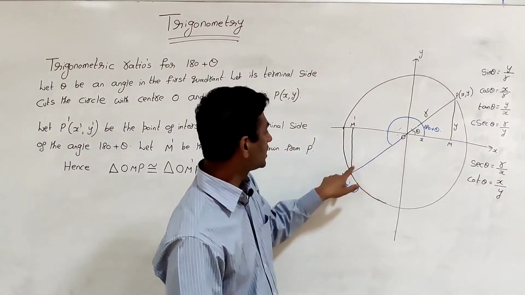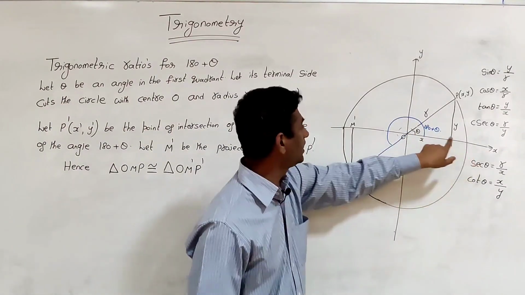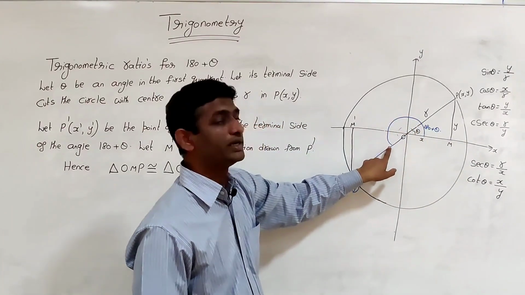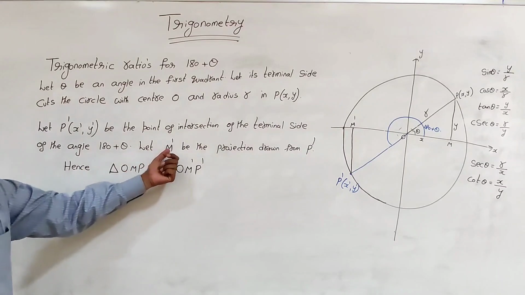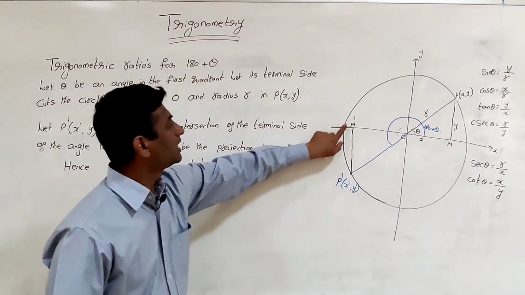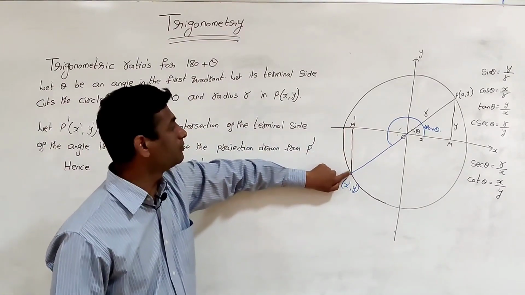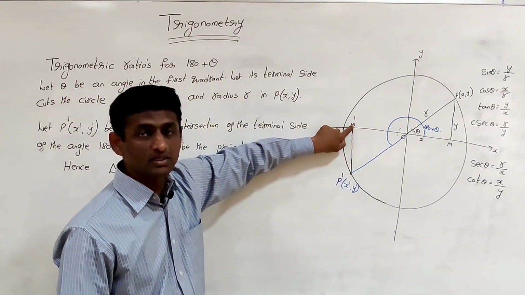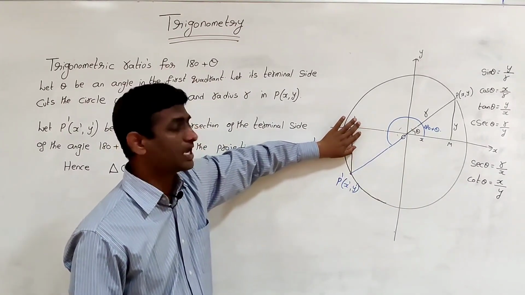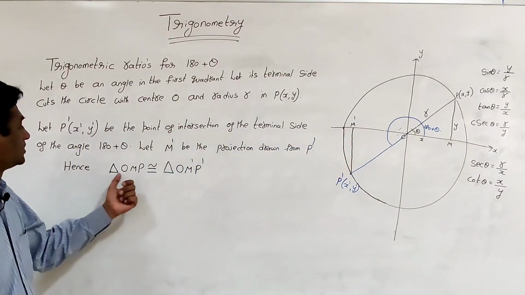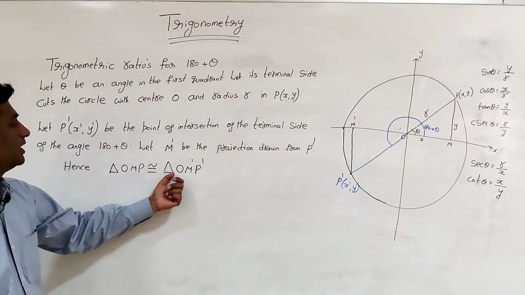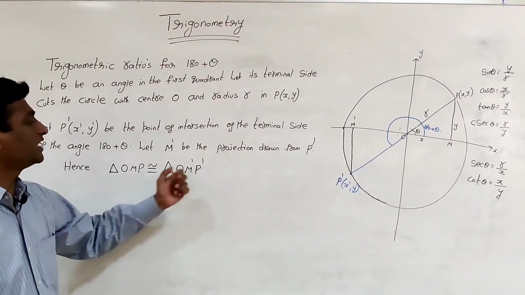So if this is the terminal side and this OX is the initial ray, it gives an angle 180 plus theta. Next, let M dash be the projection drawn from P dash onto the x-axis. But on what x-axis? It is the negative x-axis. And hence triangle OMP is congruent to triangle OM dash P dash.